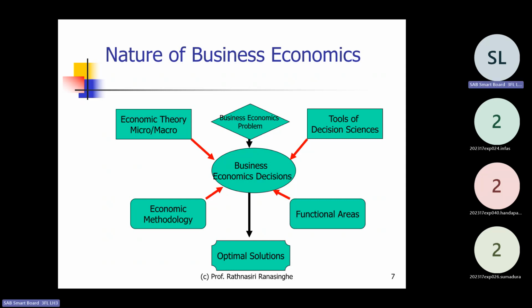To find the optimal solution to the problems, we use the business economic decision making process, with economic theory, tools of decision sciences, the functional areas for other information, and the economic methodology.